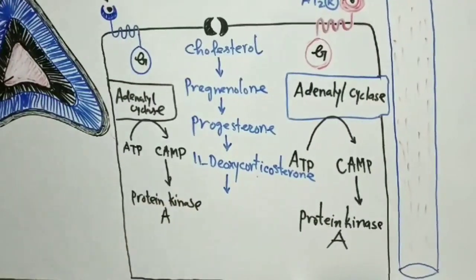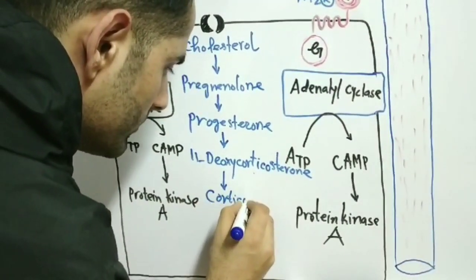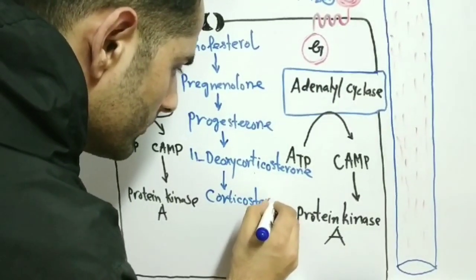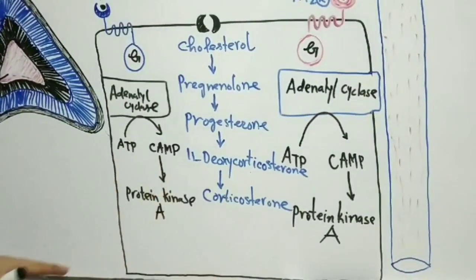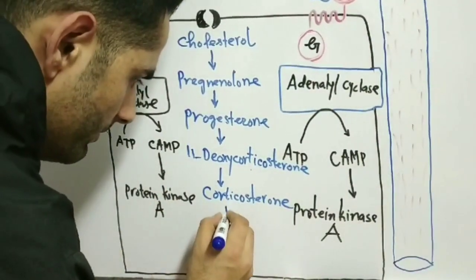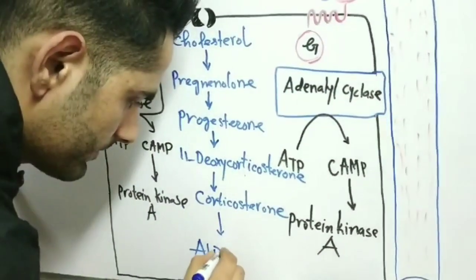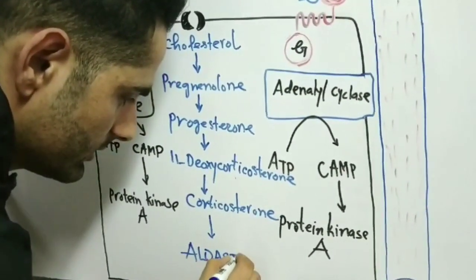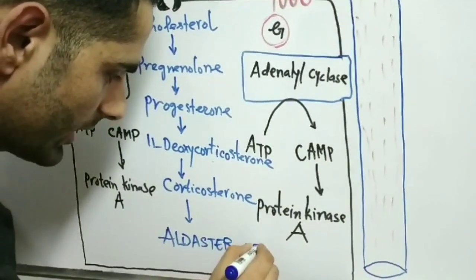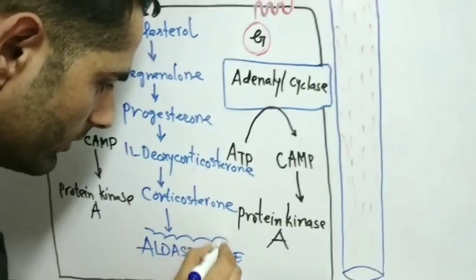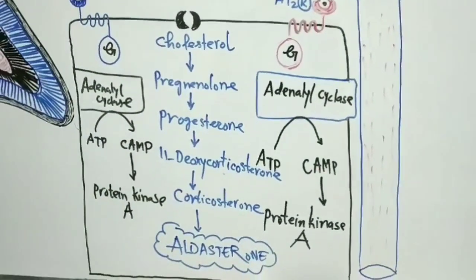Now, 11-deoxycorticosterone is converted into corticosterone. Eventually, the corticosterone is converted into aldosterone. Now, this was our final product, aldosterone.